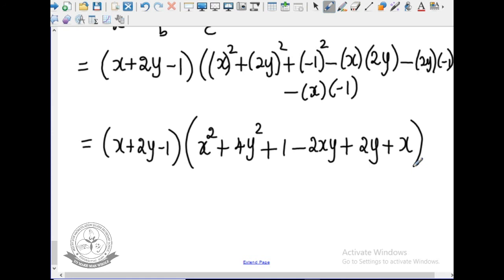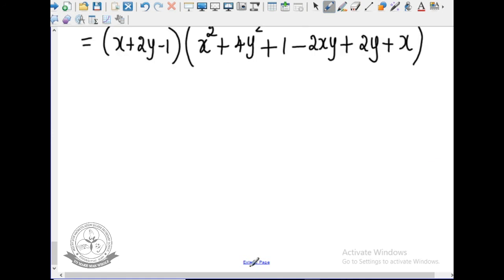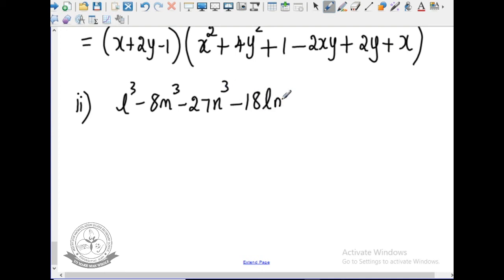Then second subdivision, the question is L cube minus 8m cube minus 27 n cube minus 18 L m n. The same identity here also we are going to use.